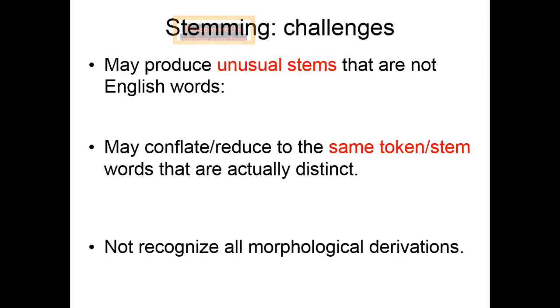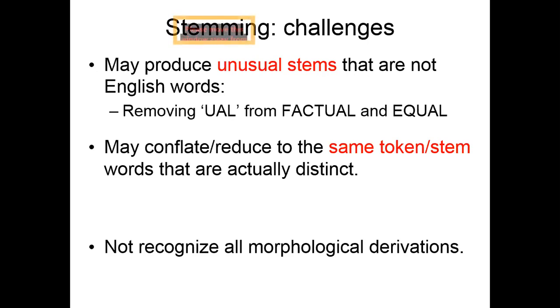Why is stemming challenging? Because sometimes when you are applying stemming, you may get unusual base words. As we said earlier, unless we leave the segment EMENT, you may finally get only C, which has no meaning and is not a word in the English language.